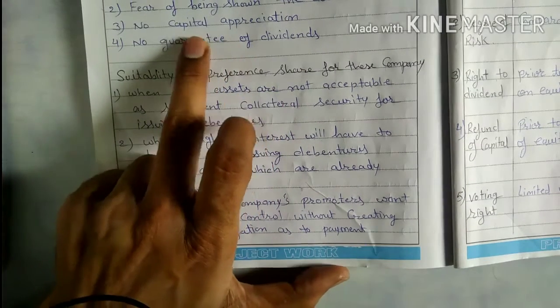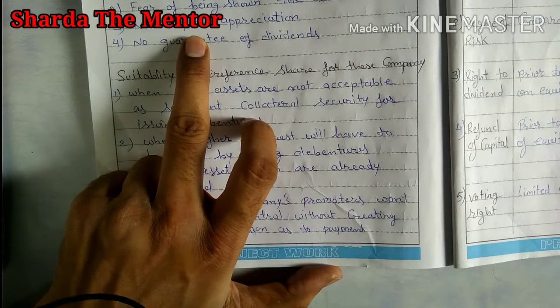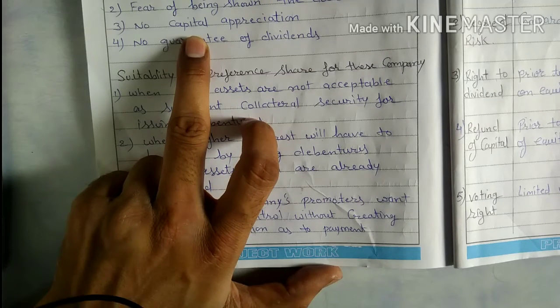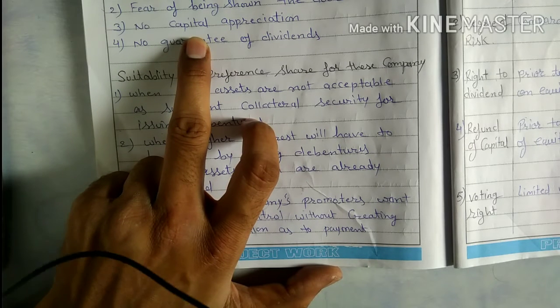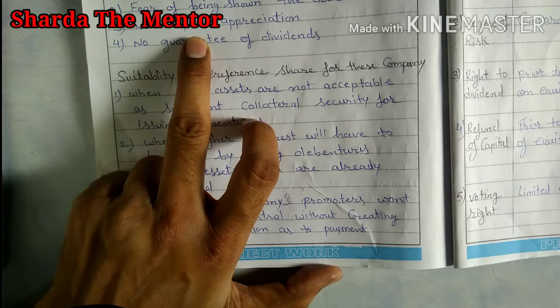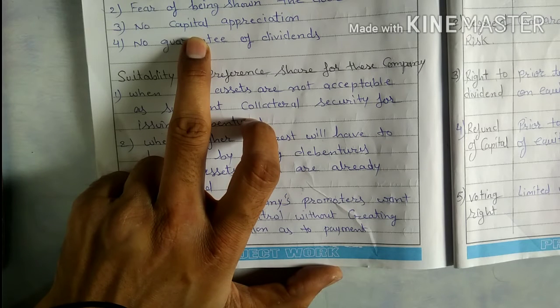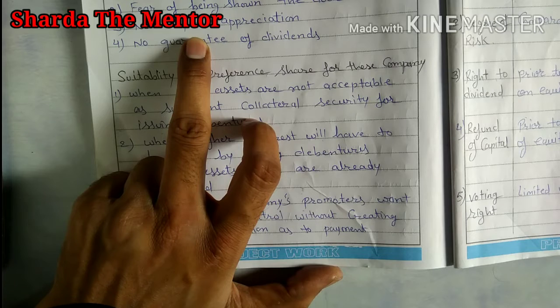No capital appreciation. As we already know, equity shareholders have capital appreciation, because those are tradable securities, and whenever the profit of the company is good, obviously the share price of the equity share will increase, and that benefit will be taken by the equity shareholder.